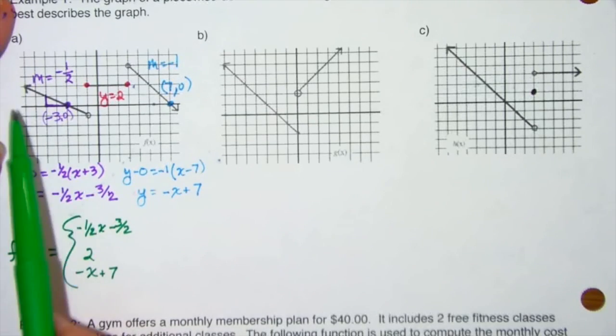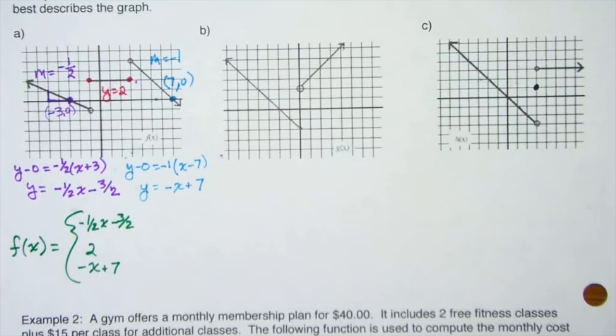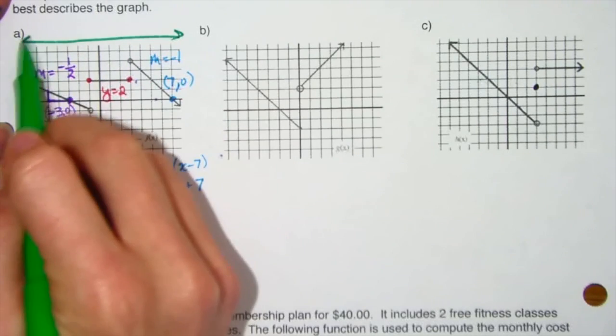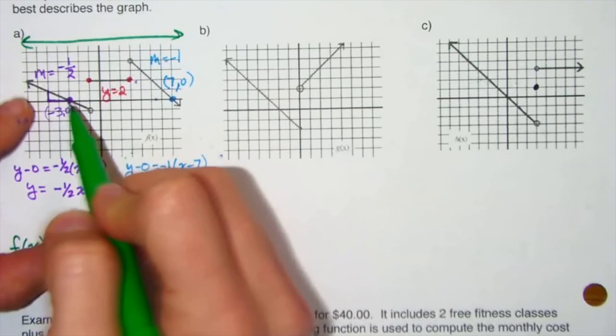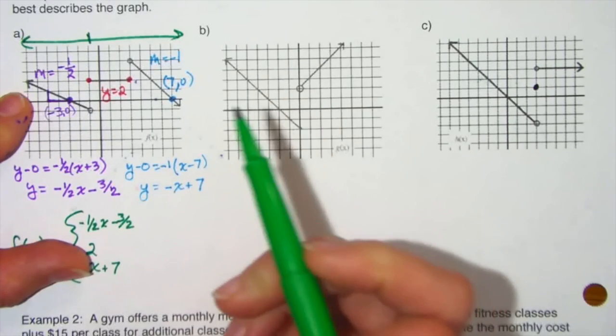Now you guys are more than welcome to look at the graph and figure out the x values where these exist. I do find that it is helpful for people to draw a number line. So let's draw a number line above, and this is going to represent our x values. You look at your graph, and this graph goes all the way up to this x value, which is what? Negative 1.